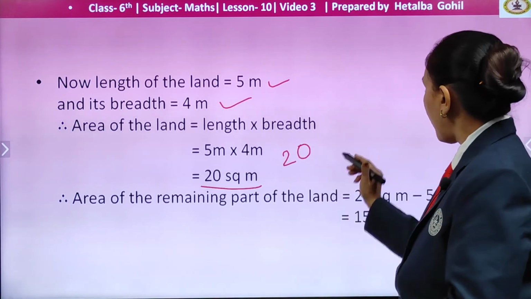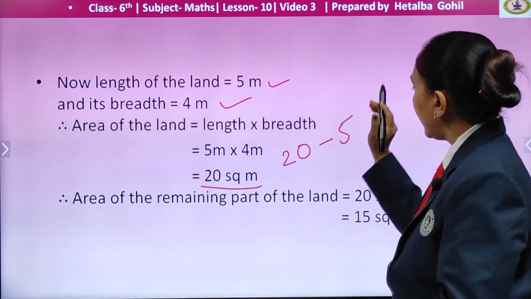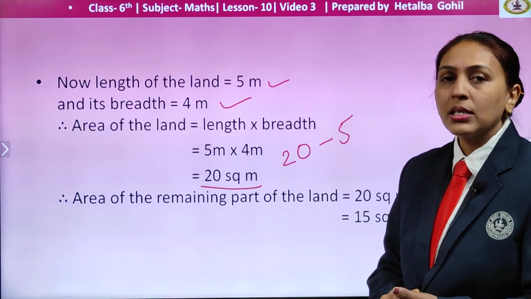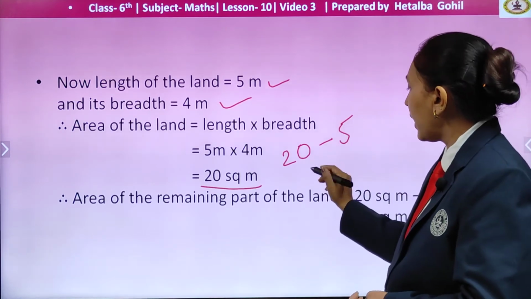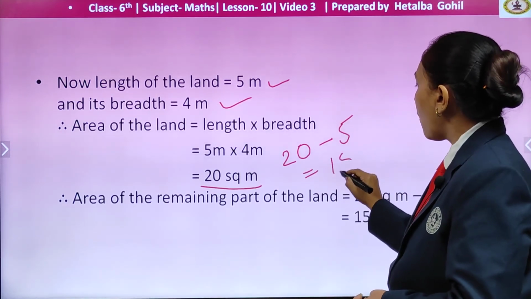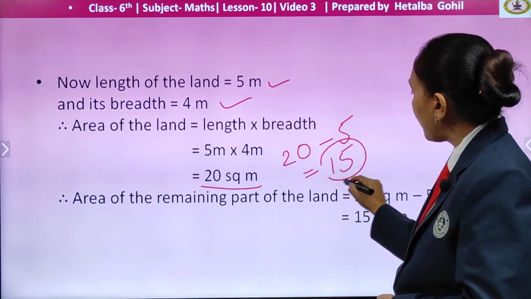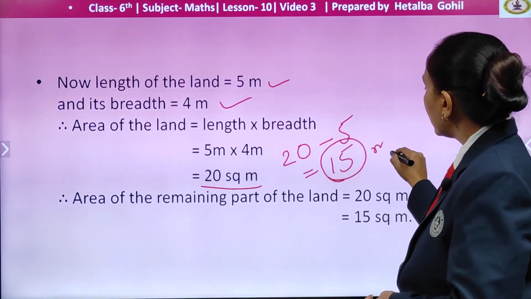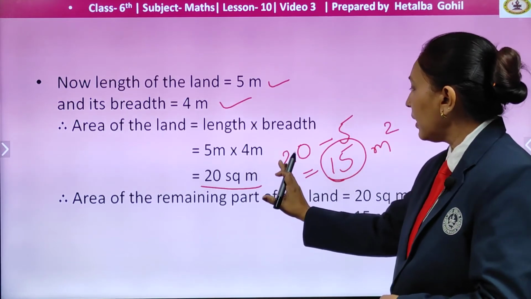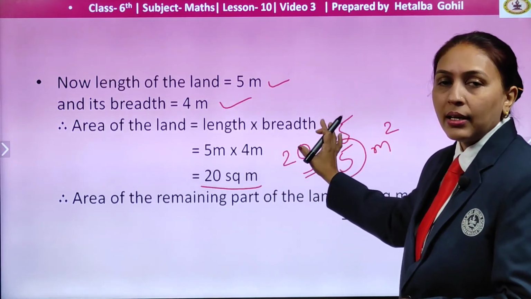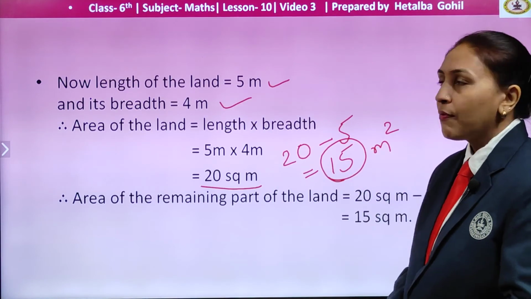And after that, 5 square meter area is occupied by the flower beds, which we have to subtract to get the area of the remaining part. So what is the area of the remaining part? 15 meter square. So from the total area, subtract the area required by the flower beds.